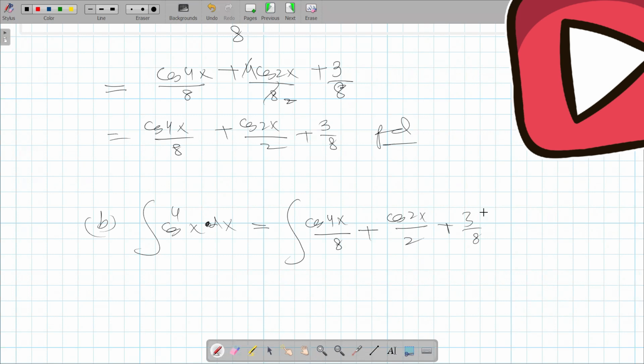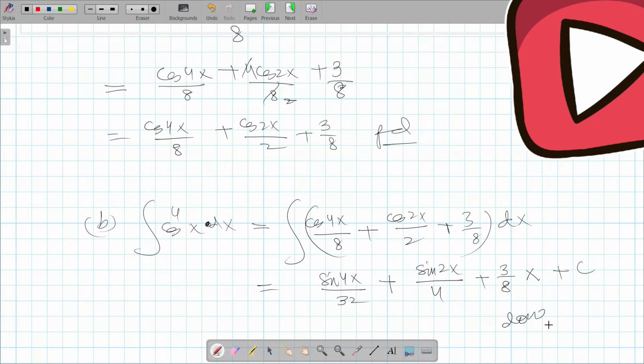After putting this expression, now we can integrate each of the terms separately. So cos 4x will give us sine 4x divided by 4, 8s are 32, plus cos 2x. Antiderivative of cos 2x is sine 2x divided by 2, which will give us 4, and 3 over 8, antiderivative of 1 is x, plus c, and done.